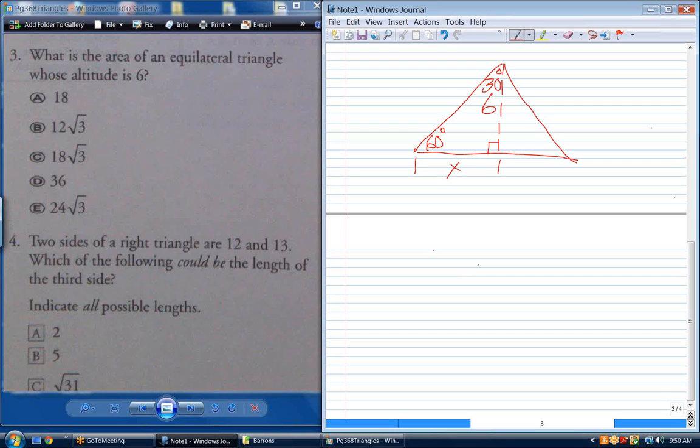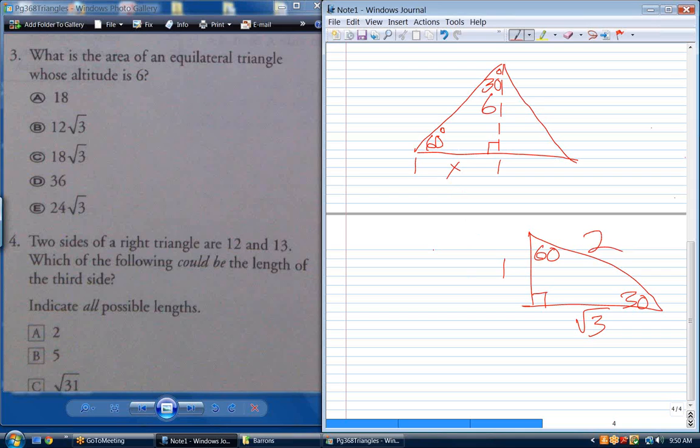Now we have a similar triangle situation. What are the dimensions of my unit similar 30, 60, 90 triangle? It's 1, square root of 3, and 2. So let's solve for x based on that.